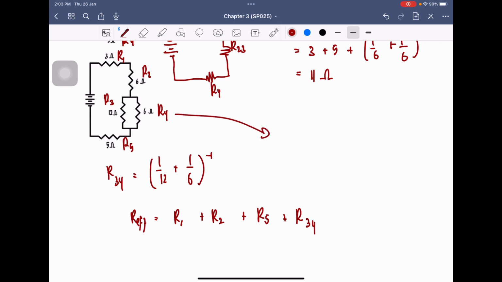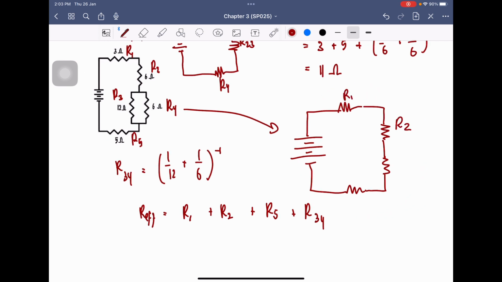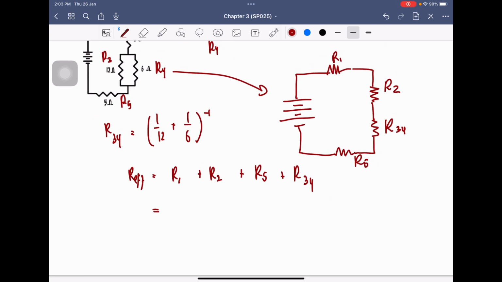Okay, so this one will become one here, here and here. The diagram becomes like this after we simplify. So this connection is in series, so we just have to add these here. So you will get 3 plus 6 plus 5 plus 1 over 12 plus 1 over 6. So the effective resistance is equal to 18 ohm.